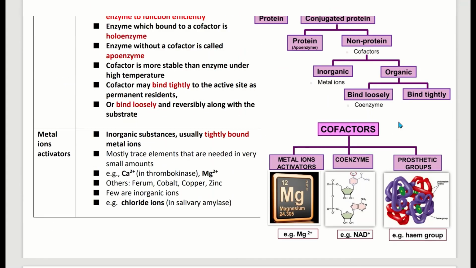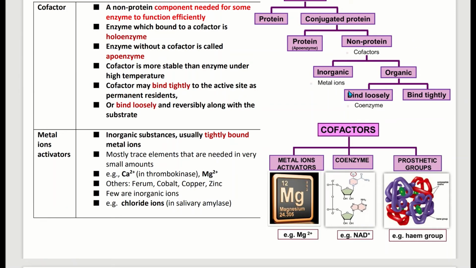Okay, so kita tengoklah cofactor. Ada yang jenis inorganic. Jenis inorganic ni metal ion. Okay, so inilah metal ion activator. So contoh metal ion activator, magnesium ion. Okay, so most they are tightly bound.